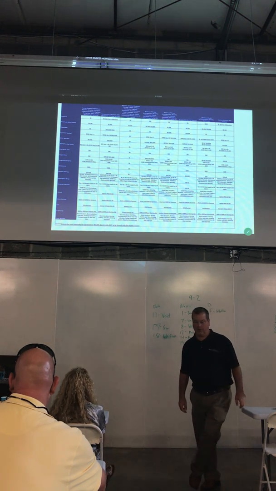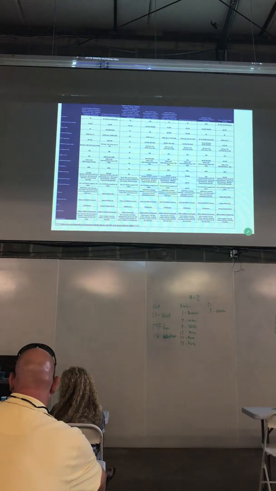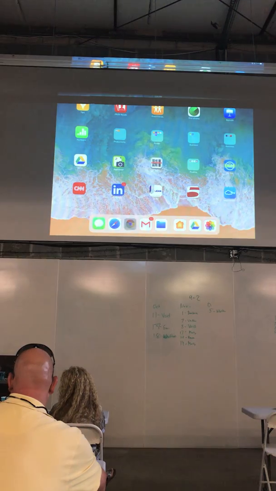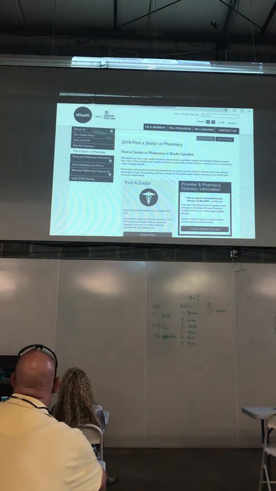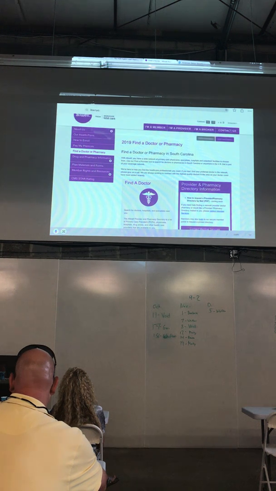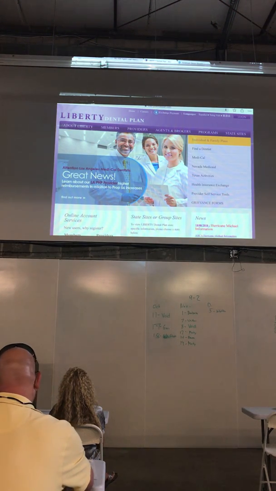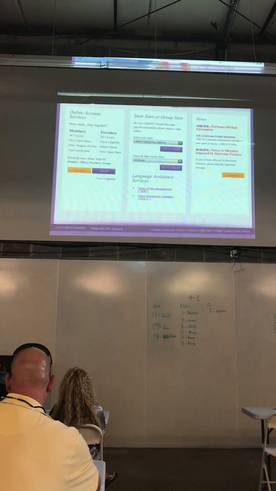But from what I was told, do you know the link, how to get there again? It's libertydentalplan.com. If you look at the Allwell book, it has the list of dental, and it says libertydentalplan.com. But they don't have South Carolina even in the network, as of right now. Right there, if you scroll down a little bit, you see state sites are grouped right in the middle.